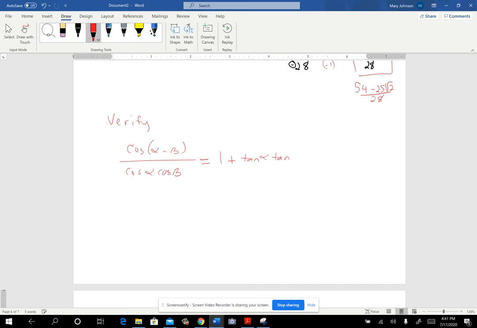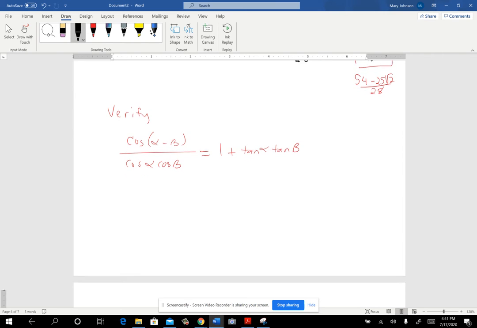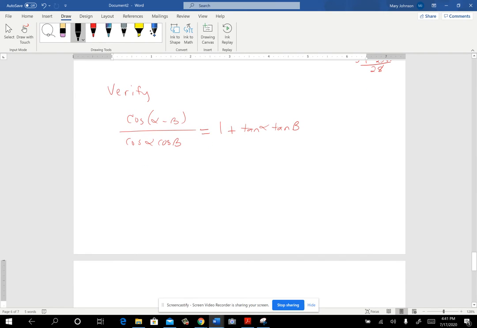Okay, so just like we talked about, you just get started by trying to take the left side, for instance, and see if you can eventually get that right side to show up. Turn the left side into the right side. And remember, you don't work across the equal sign. So as you might suspect, you're going to use the cosine alpha minus beta formula.